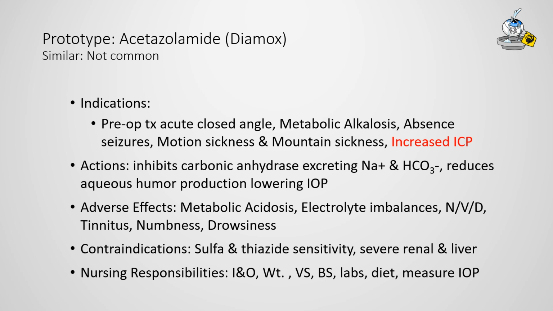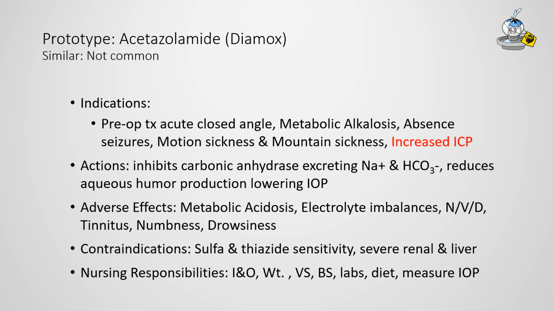So if you look at the adverse effects for acetazolamide, say someone comes in and they have acute glaucoma, and we want to treat them with acetazolamide. Which side effect would be most concerning? Well, we know any diuretic is going to have some electrolyte imbalances. Nausea, vomiting, and diarrhea, most drugs can do that.